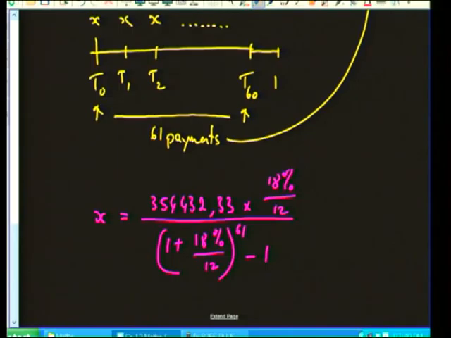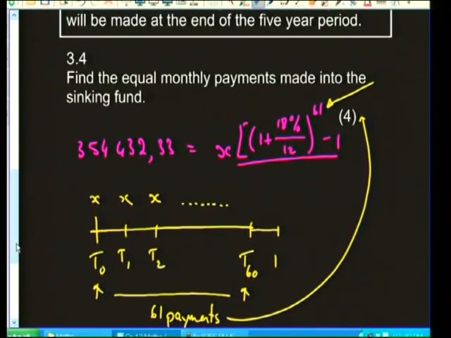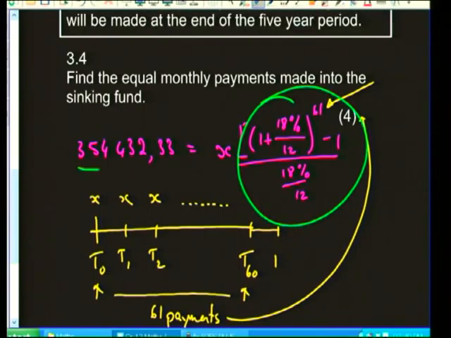Now, just in case you wonder where that came from, going back up, I didn't write all this down. That was silly. I'm taking this whole thing over here, and I'm dividing it.